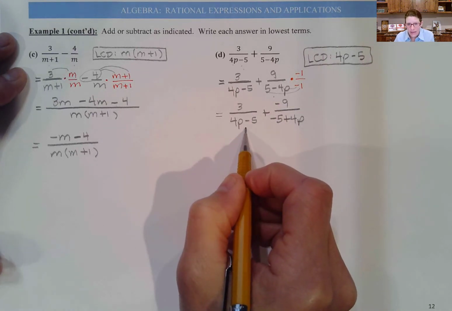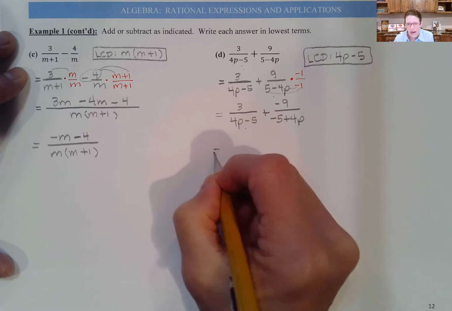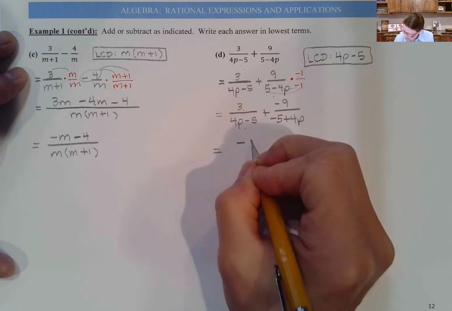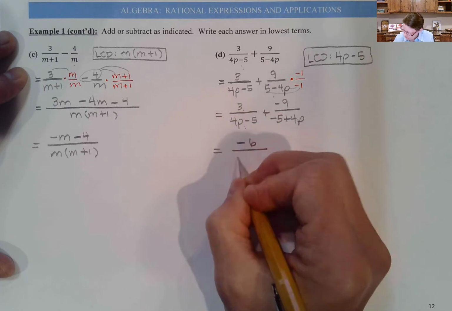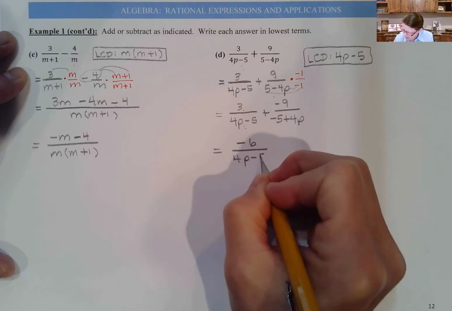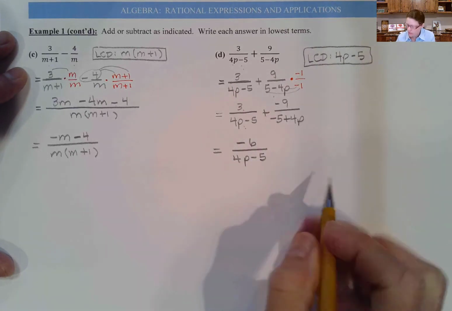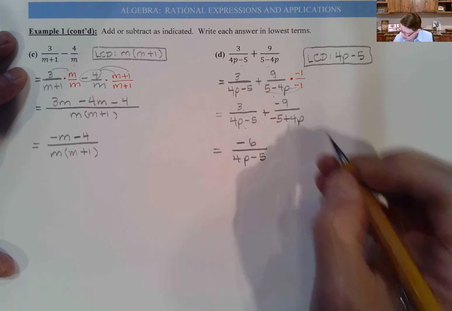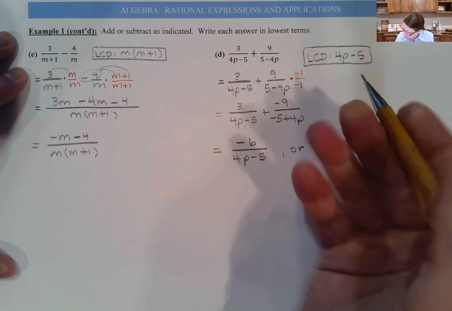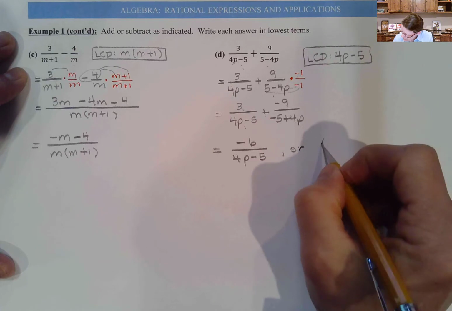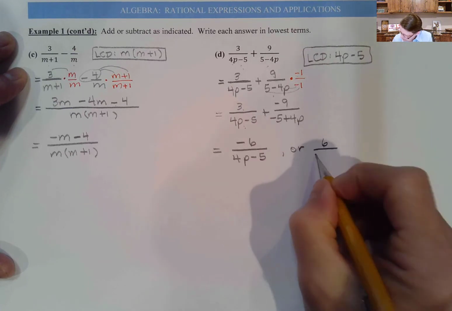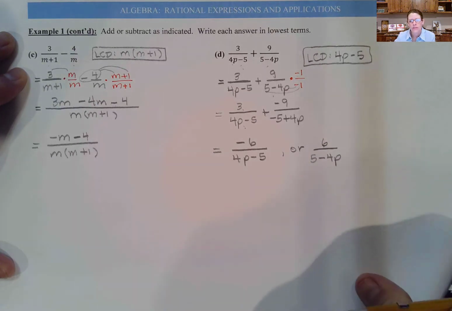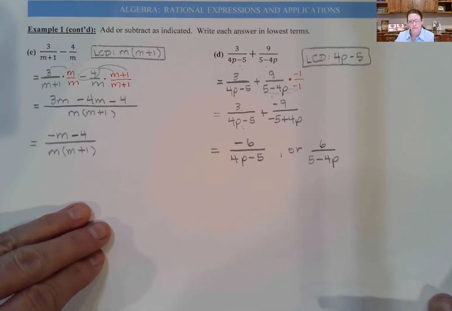So our denominators are the same now, and we can subtract in the numerator. 3 plus a negative 9 is negative 6, all over 4p minus 5. Now, if you had chosen 5 minus 4p as your LCD, you would have obtained an equivalent answer, positive 6 over 5 minus 4p. Either of those is a correct choice for your answer.